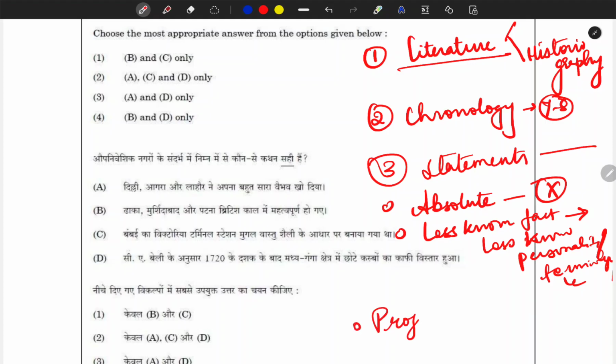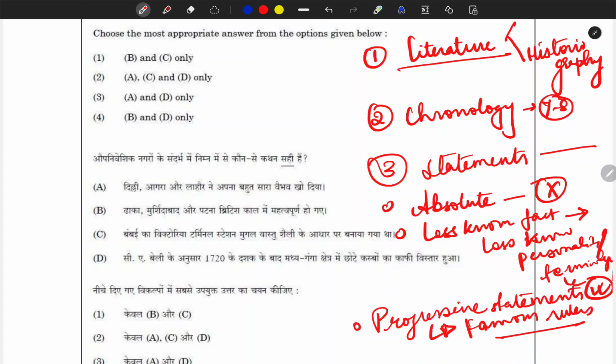Progressive statements are usually correct, and this you have to match with the famous rulers, not the less known rulers. Okay, remember this kind of thing. A few more tricks and tips I'll be giving you after finishing this paper.